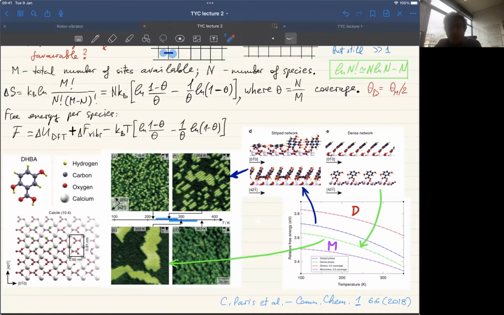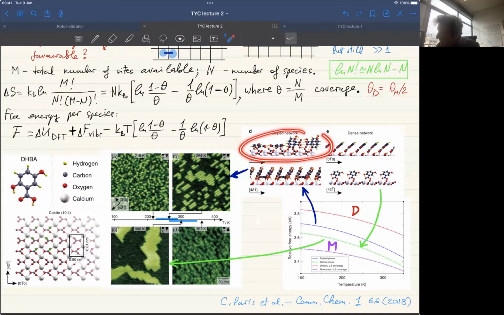So when you deposit these molecules on the surface, they first form a so-called stripe network. Here you can see the stripe network, which consists of stripes of dimers. Some dimers are standing up, some dimers are horizontal.